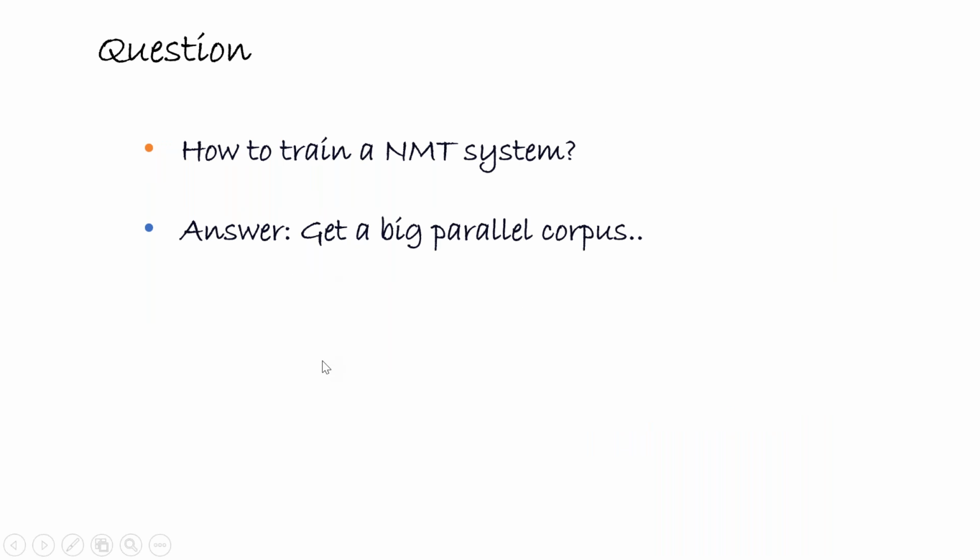So how do we train a neural machine translation system? The answer is you get a big parallel corpus, right? Training is one of the biggest aspects and challenges of neural networks. You don't need to do feature engineering, so you are happy, but how the output should be and how it has to be trained is a very important aspect of any neural network.